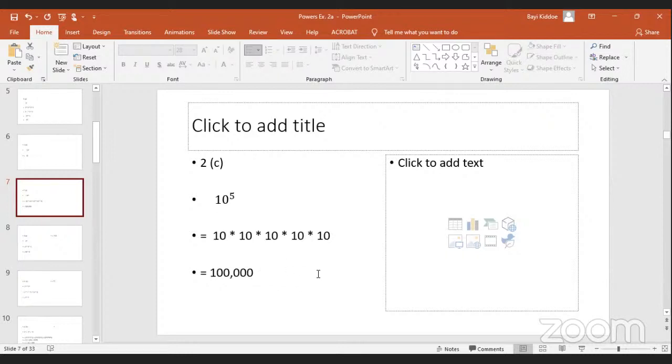Now remember, whenever you're multiplying any number with a 0 behind it, whether tens or hundreds or thousands or millions, you don't have to go through the long process. All you have to do is put back the 1 and put back all the zeros that are in the question. So right here we have 10 times 10 times 10 times 10 times 10.